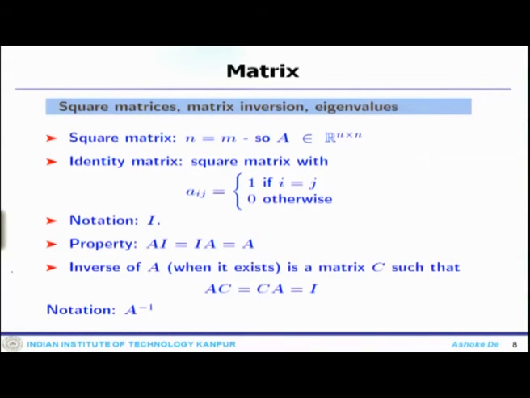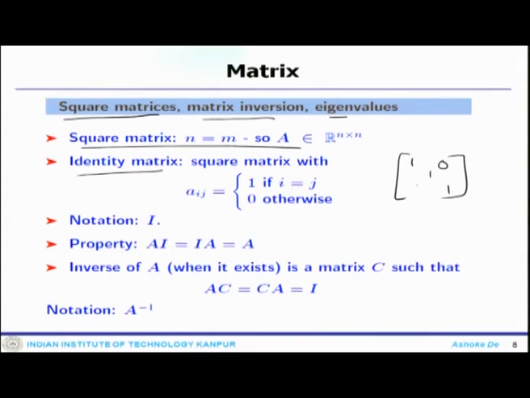Now you come to the square matrix, which is one important case: as I already said, m equals n becomes a square matrix. Then matrix inversion, and eigenvalues. The identity matrix, if you have a 2 by 2 or 3 by 3 system, has diagonal elements equal to 1 and all other elements 0.